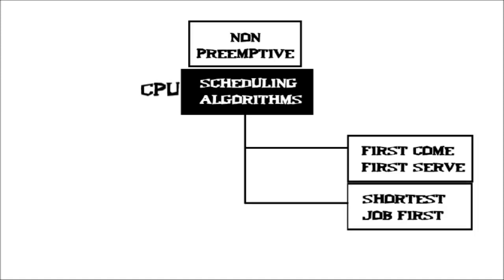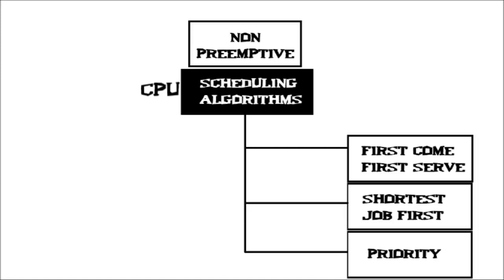In SJF, the process with the smallest burst time, or execution time, is selected from the ready queue, and is given access to the CPU. Priority. In the priority scheduling algorithm, all processes in the ready queue are assigned a priority, based on some predefined criteria. The process with the highest priority is the first one to get the CPU.